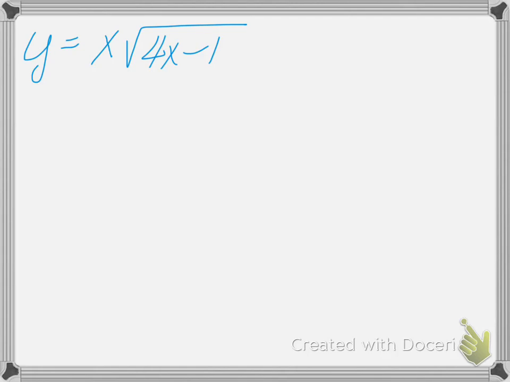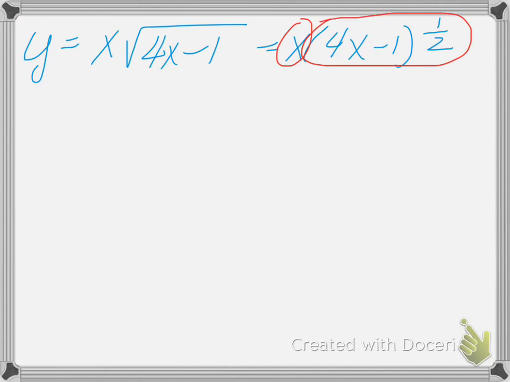Okay, this is number 5. This is going to require a product rule, but first you're going to have to rewrite it. So you're going to treat this as a product rule, which means that it's going to be this times that. Okay, so it's the first times the derivative of the second.